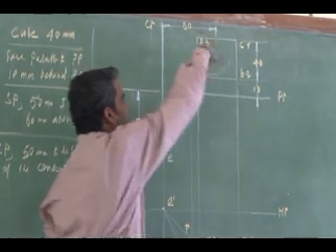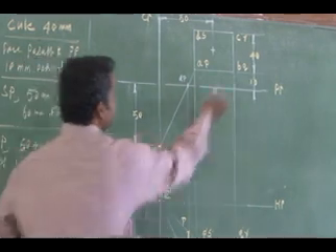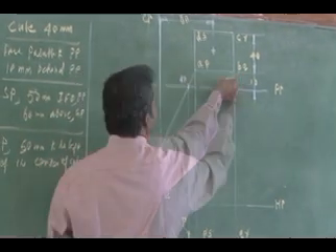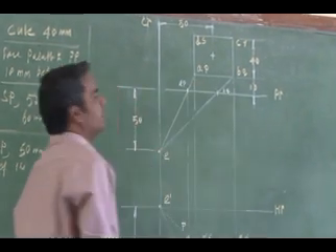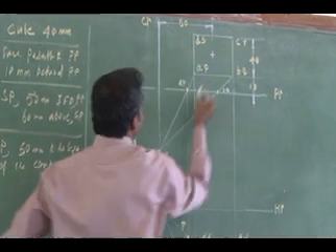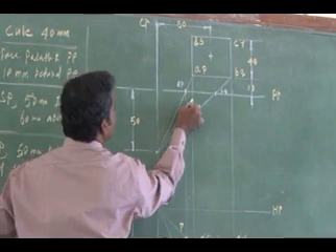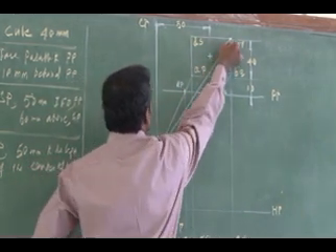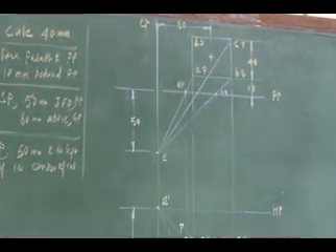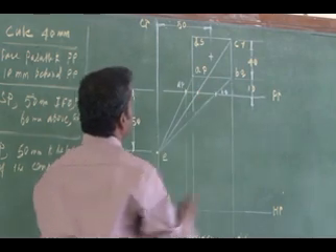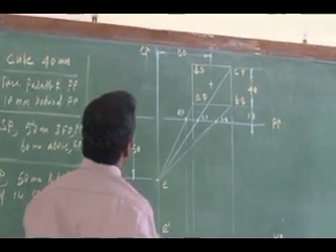Similarly, I can get the other edges. You proceed with the same procedure. You get the intercept of each edge: the intercept of BQ, then the intercept of CR, then the intercept of DS.